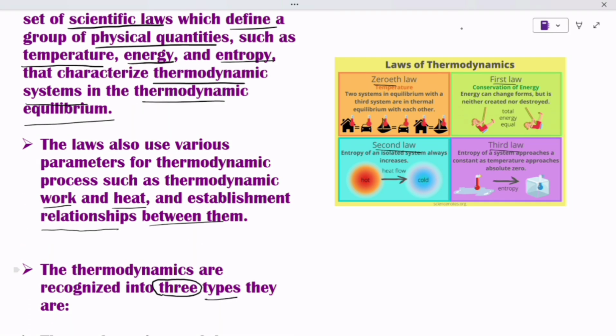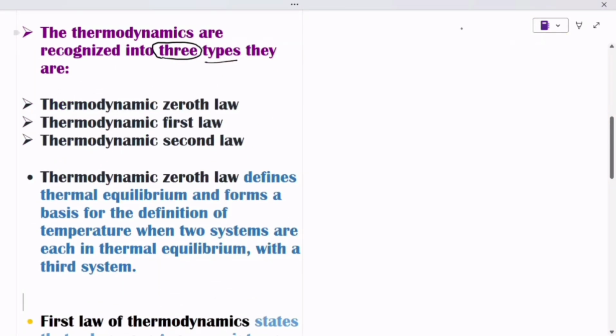They are recognized as three types, as I said before: the thermodynamic zeroth law, first law, second law and third law. You will see them as the video goes forward.